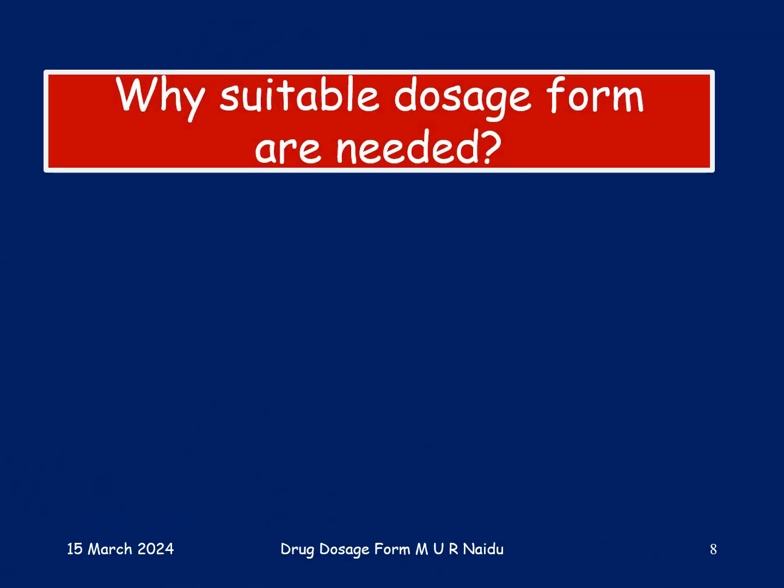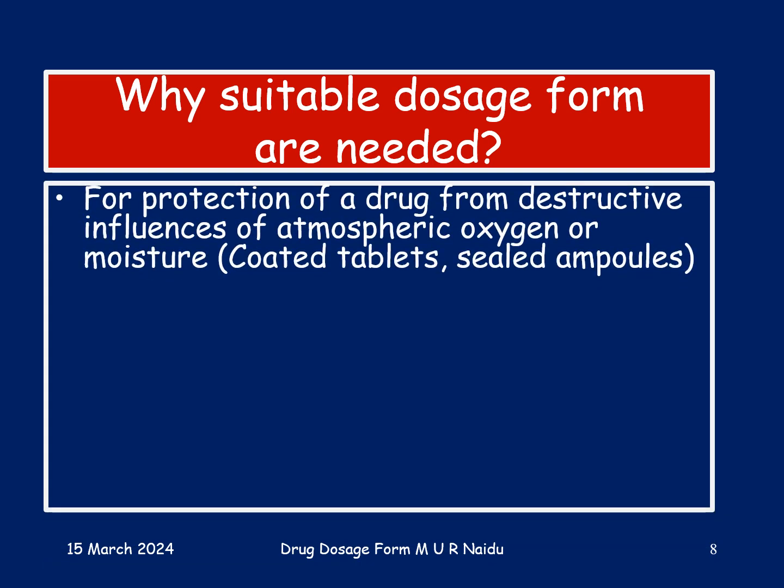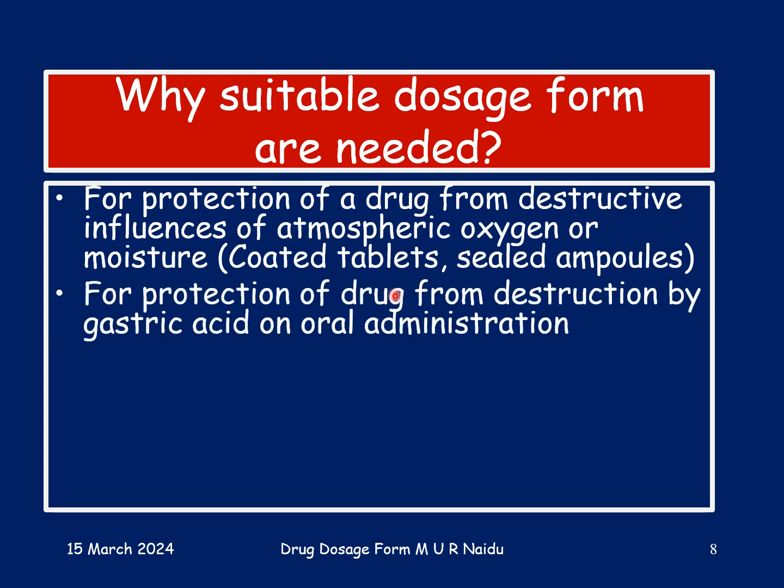Why are suitable dosage forms needed? For protection of a drug from destruction by atmospheric oxygen or moisture, we use a coated tablet or sealed envelope. For protection of drug from destruction by gastric acid on oral administration.